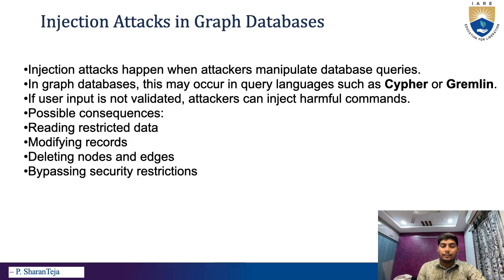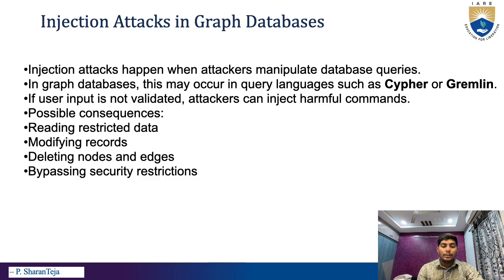Injection attacks. Injection attacks are very dangerous. They occur when an attacker inserts malicious queries, as graph databases use query languages like Cypher and Gremlin. If user input is not validated, attackers can manipulate queries.